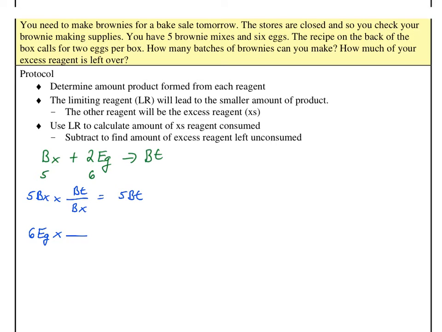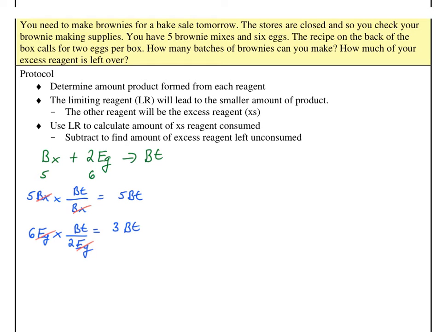Our equation tells us that we need 2 eggs for every batch. That means that 3 batches can be produced. So all we've done here is use the balanced chemical equation.